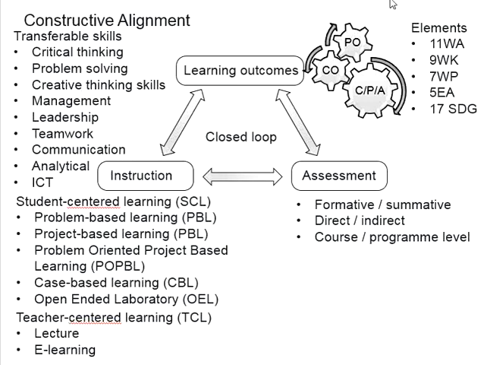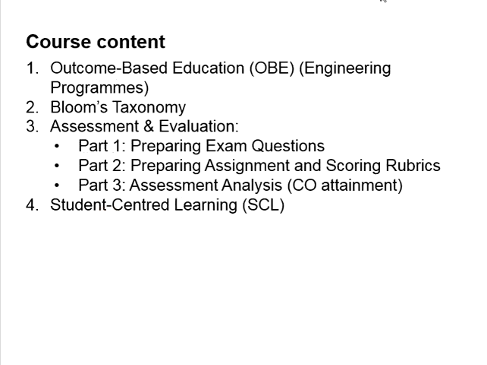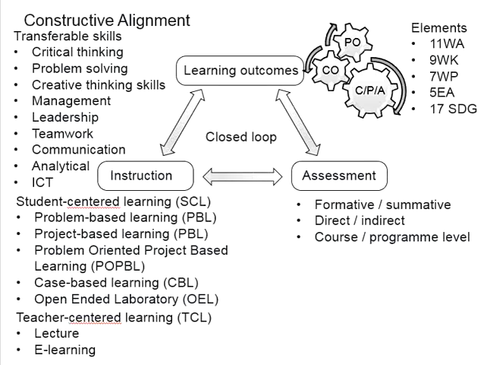And then comes the assessment. The assessment comprises two main parts, which are assessment and evaluation: assessing the performance of the students, and evaluating the effectiveness of the delivery of the course and the program. All these are interrelated.